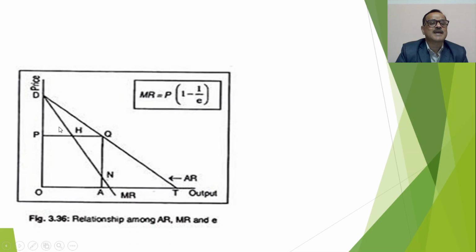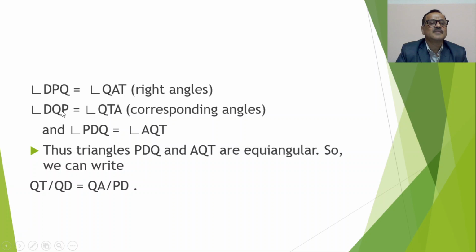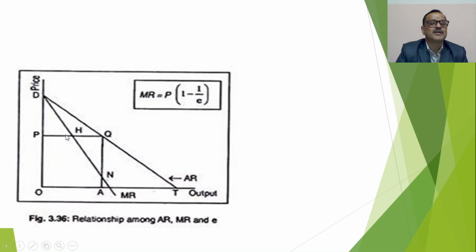So these are the two right angle triangles. And angle DQP corresponds to angle QTA.